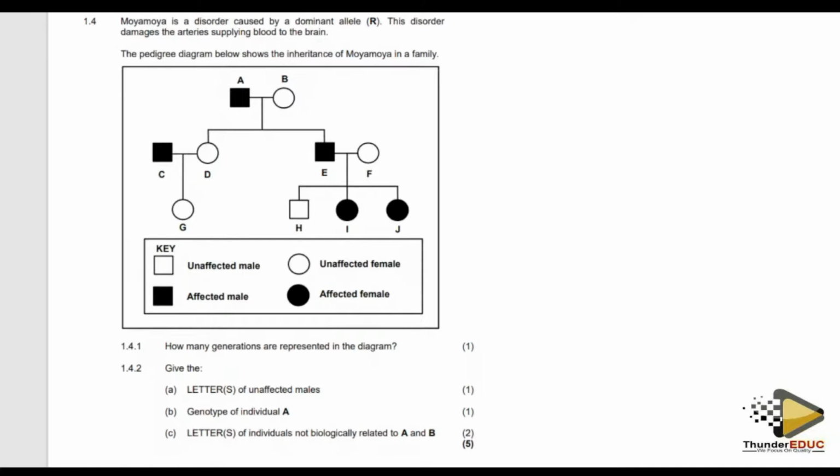Is it a non-recessive allele, meaning a dominant allele? Because if it is a dominant allele, then definitely you have to use capital letters. If it is a recessive allele, then you are supposed to use small letters. So please take note of that.